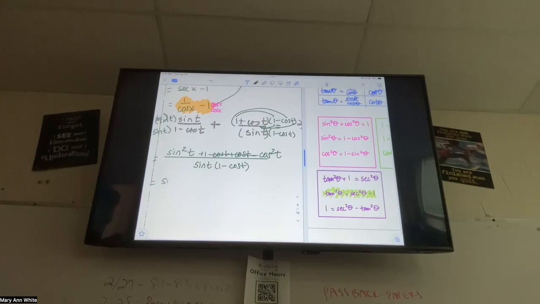So now I've got sine squared t plus 1 minus cosine squared t, all over sine t times 1 minus cosine t.